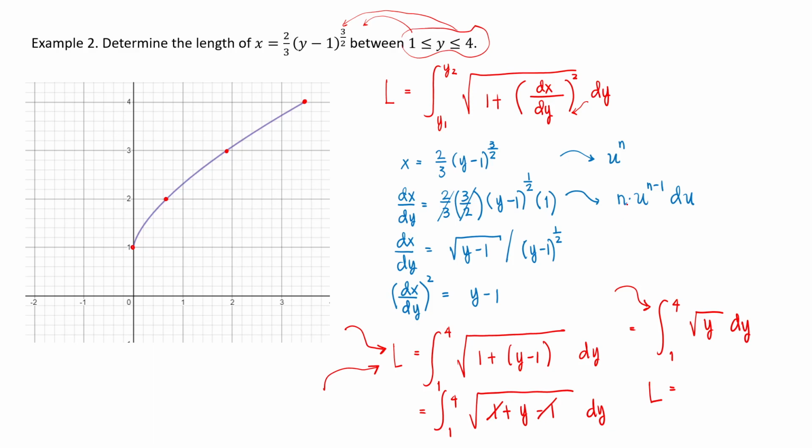So the answer is 14 over 3. If you don't want it in decimal, it can be 14 over 3 or 4.67 units. So that will be the answer.